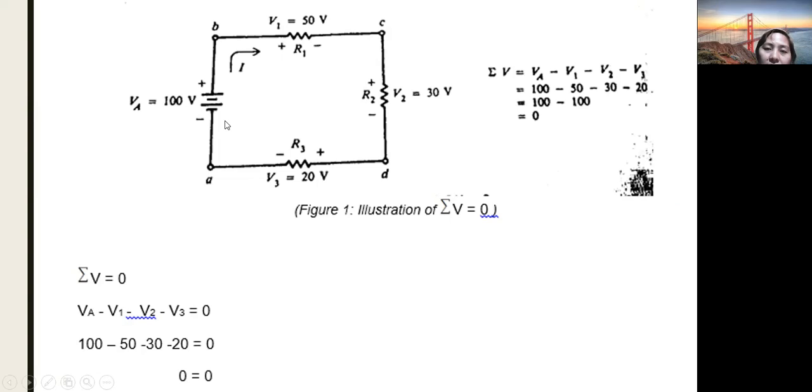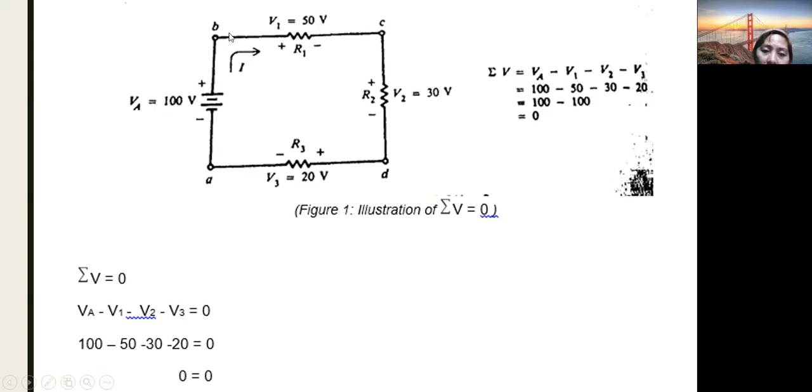The example I mentioned a while ago: if the circuit moves this way, starting from point A, B, C, D, since it passes the terminal from negative to positive, the voltage applied is positive.